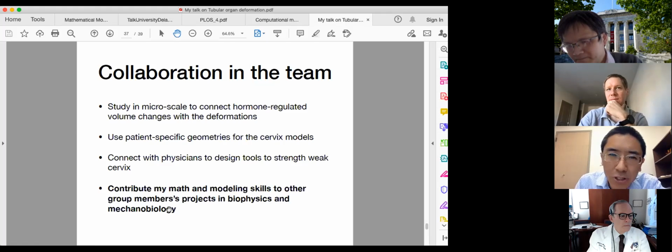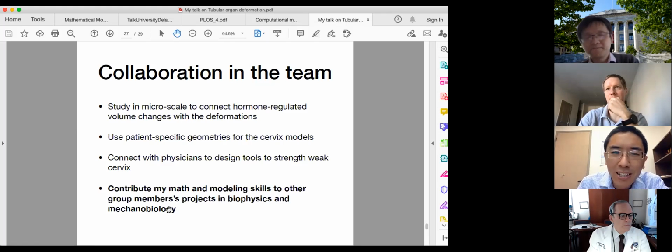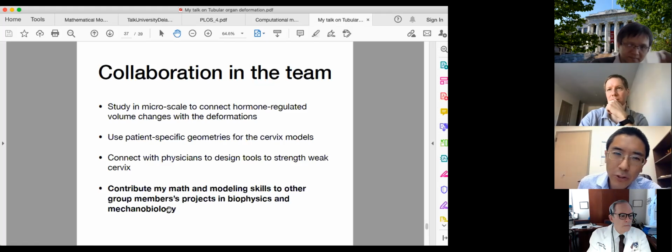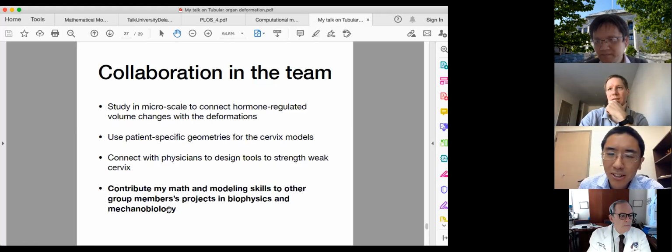So now we just work without the biologists, but I hope I can find someone to work together so they can validate the model and provide data for the models. So now the model is very theoretical. Right. And when I apply for grants, that's also a very big criticism. So I want more collaboration for the data and the experiments.